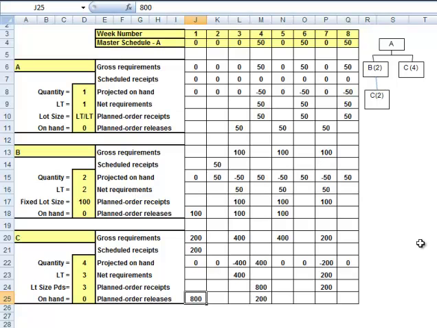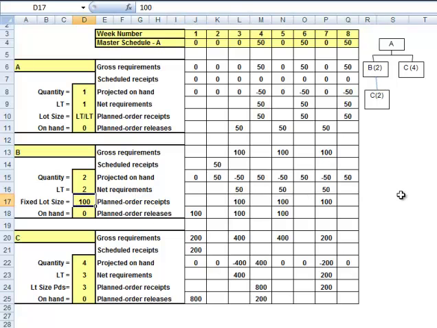But what has caused this essentially doubling of requirements is what is referred to as the cascading effect of lot sizing. So the lot size policy for Part B was a fixed order quantity.